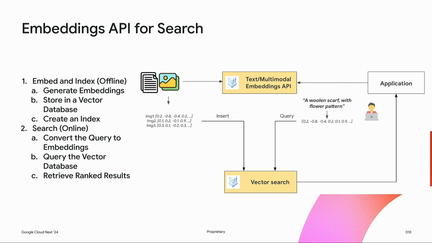Depending on the data, in this case, it could be text only or text plus image, you would use the text embeddings API, or you would use the multimodal embedding API. And then you will store these embeddings in a vector database. Step 2 is whenever you have a query, you will convert that query in real time by calling the same embeddings API into a vector. And then you would do something as simple as similarity search on top of that vector DB, right? And then you'll get ranked results.